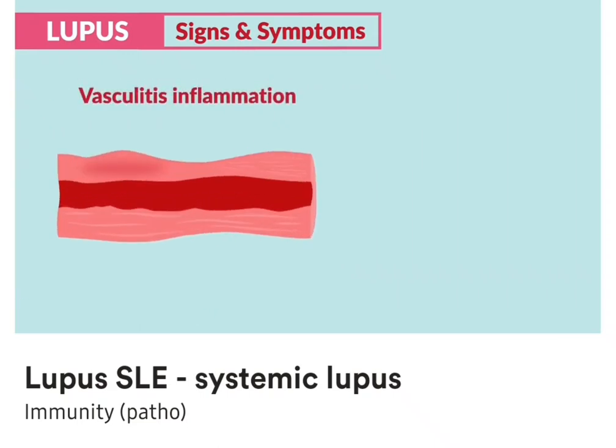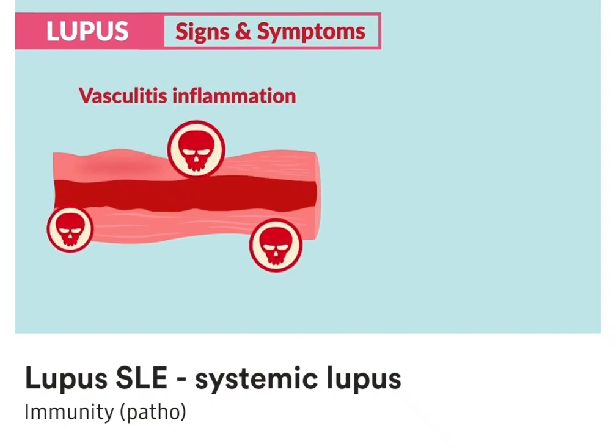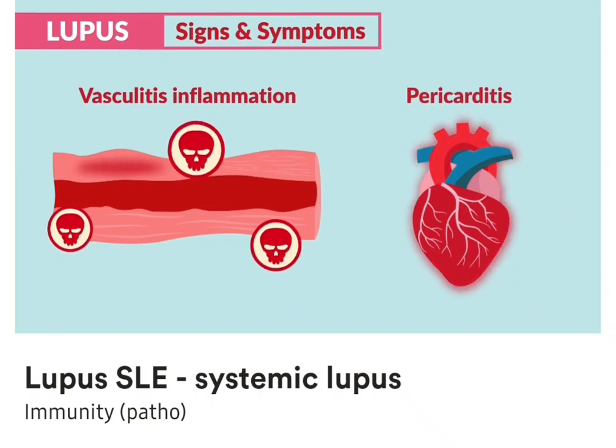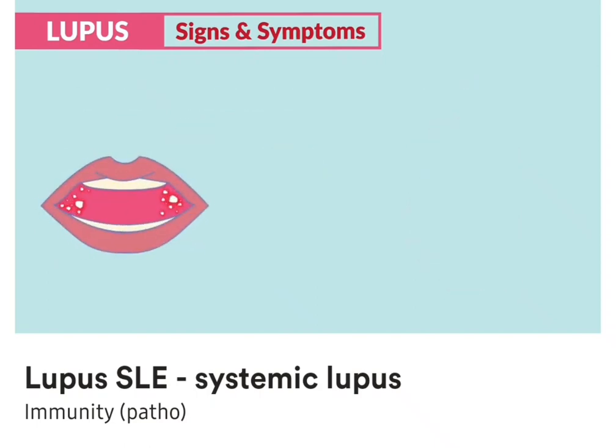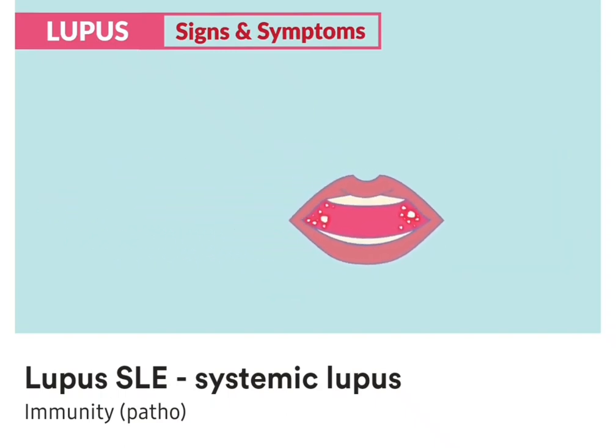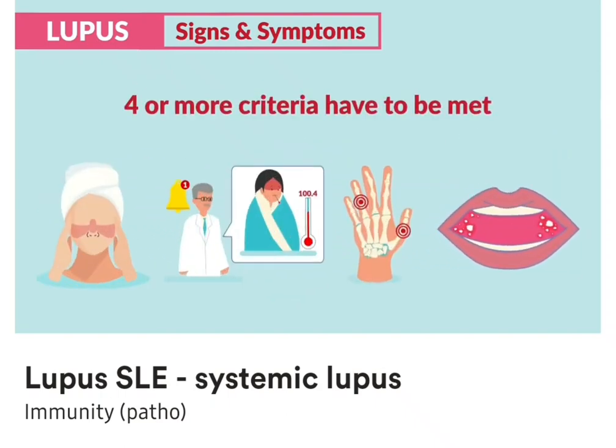So we also see vasculitis, which is inflammation in the blood vessels, or inflammation around the heart, called pericarditis, and even ulcers in the mouth, brittle bones, and anemia. Now, it's so vague that a diagnosis is difficult, so we need 4 or more criteria to be met before a diagnosis can be made. But this is typically not tested on.